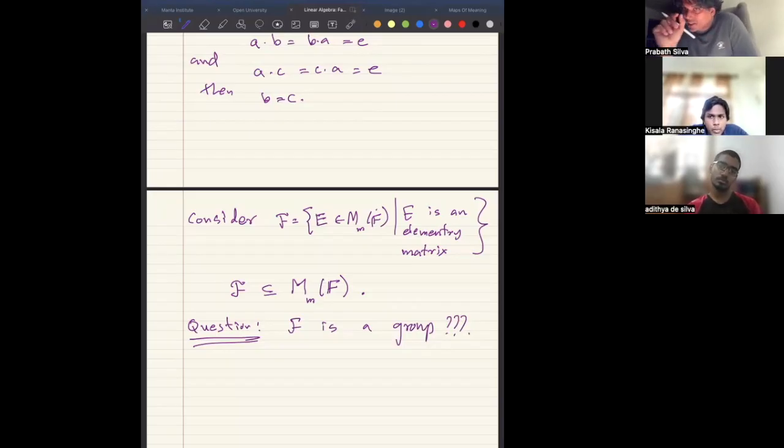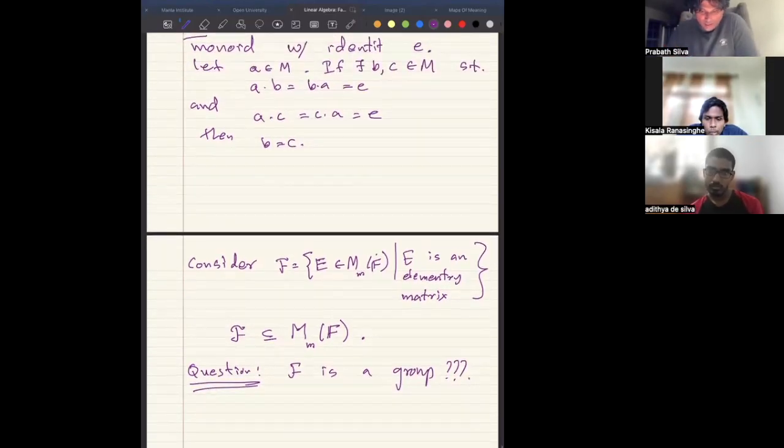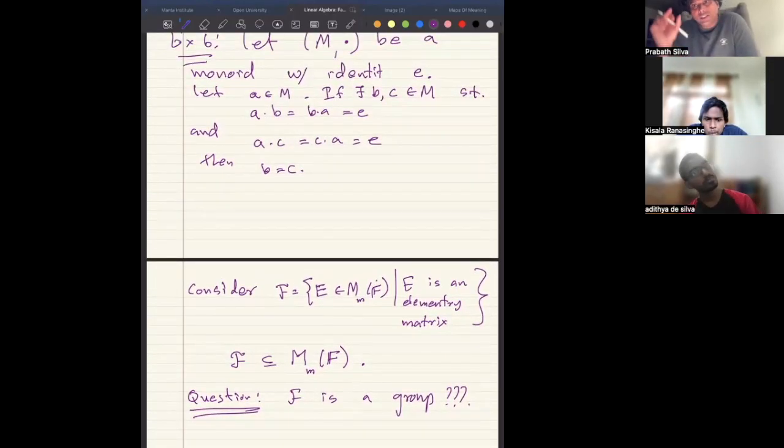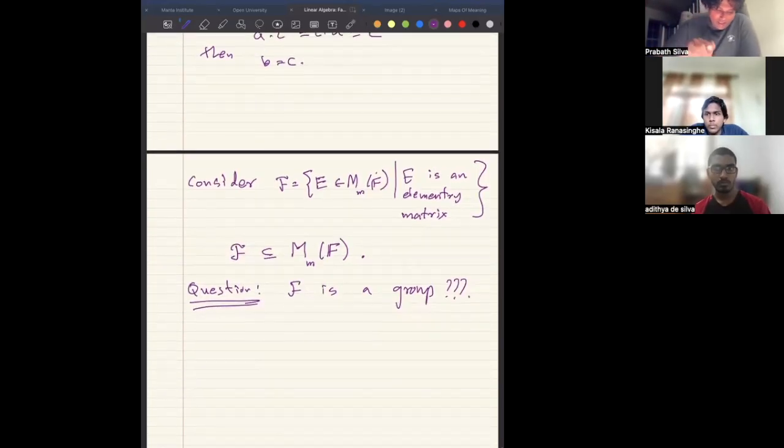See, it's not a group. Because you can take two elementary matrices and multiply them. That product might not be an elementary matrix. Okay. So the answer is no.